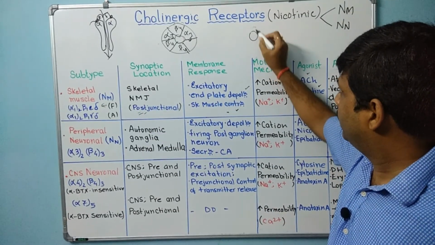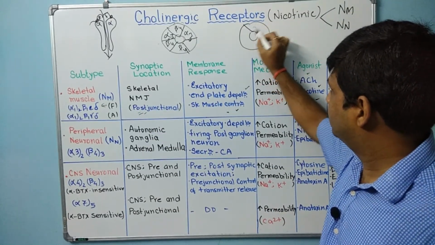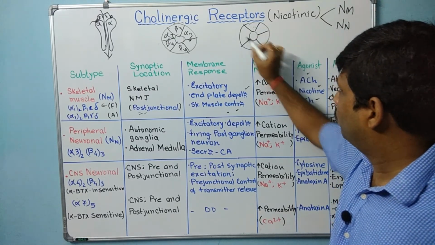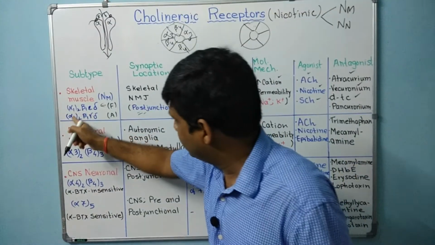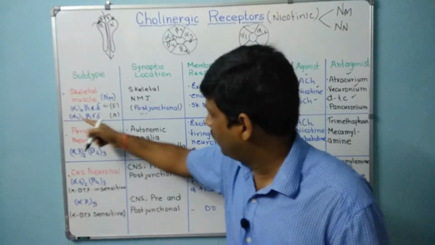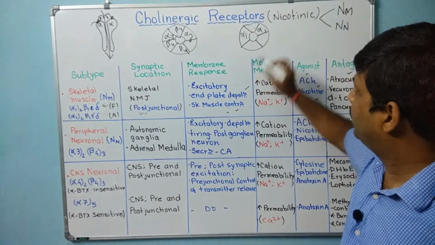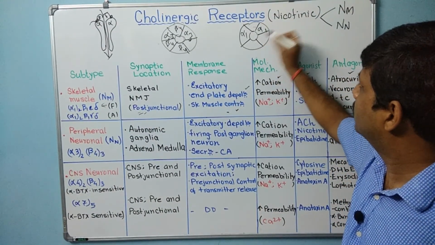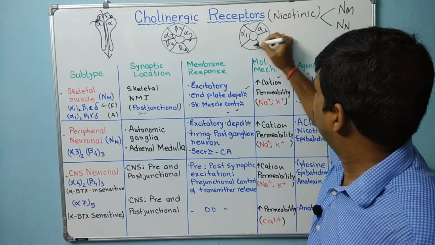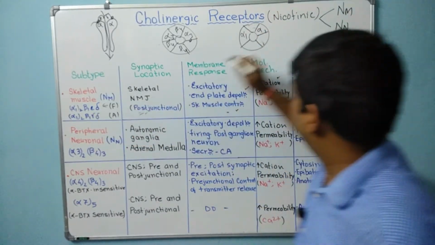If I take, here is the central core, here are the subunits 1, 2, 3, 4, 5. So here if I take this one, then alpha 1 is here, because 2 alpha are there. Then there is beta 1, 2, 3, 4, 5. So we have gamma and delta.